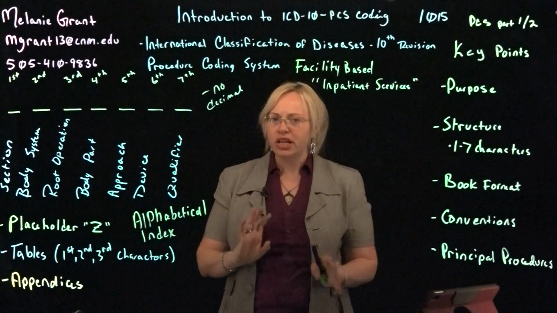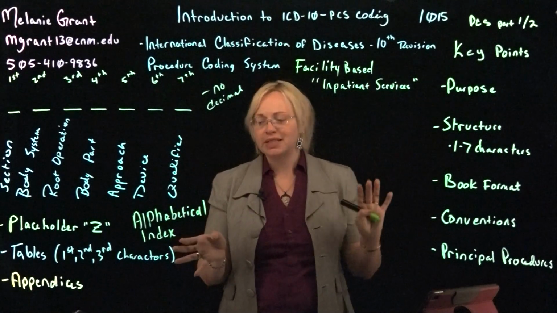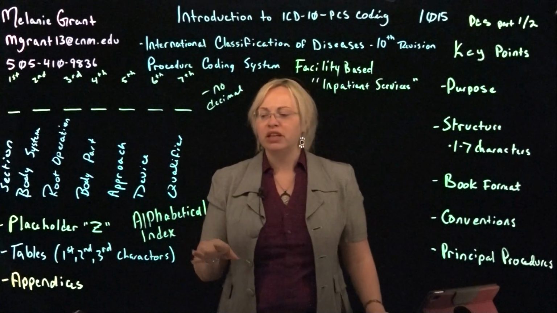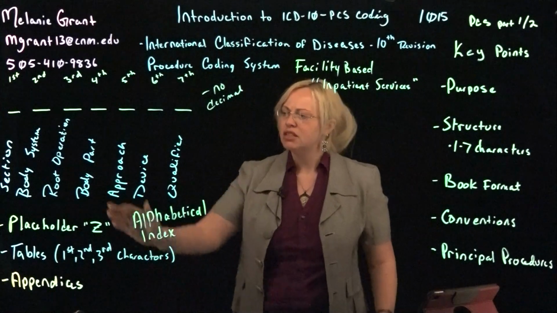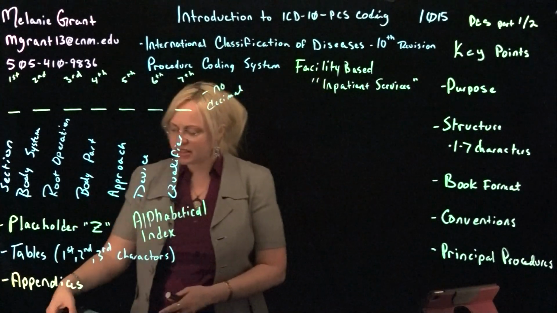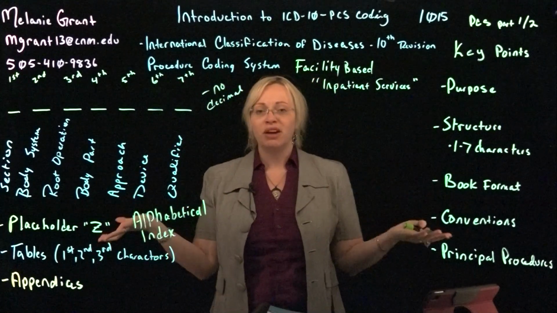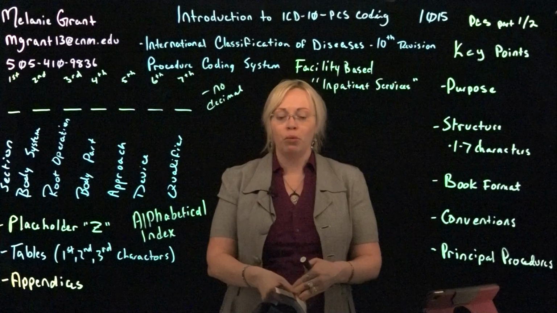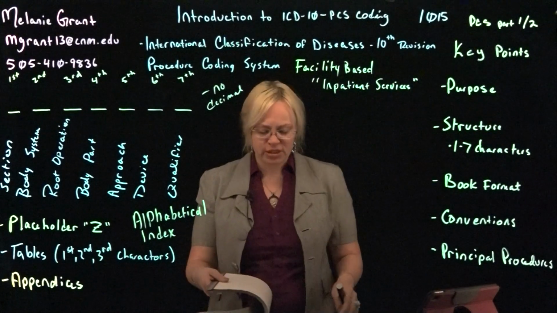But here, it changes just a little bit. In procedure coding systems for PCS, we look in the alphabetical index for the purpose of our procedure. And this is what we identify as the root operation. In many cases, the purpose of the procedure can be several different root operations depending on what was completed. So it's up to you to read through everything and make sure you understand.